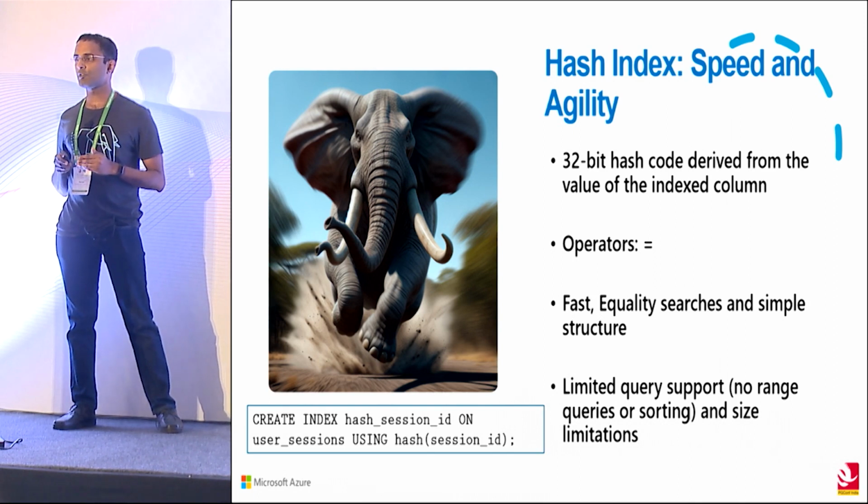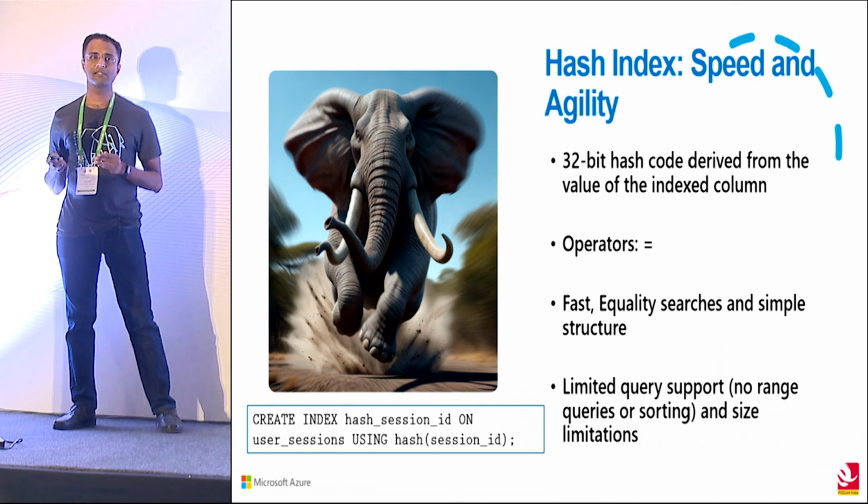Hash typically works for smaller databases. As the database size increases, the time required to search also increases. So hash is a good option if you have a small database and you know exactly what you're looking for.